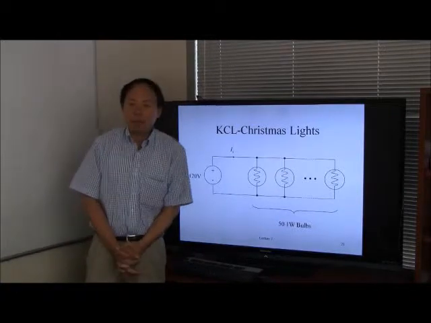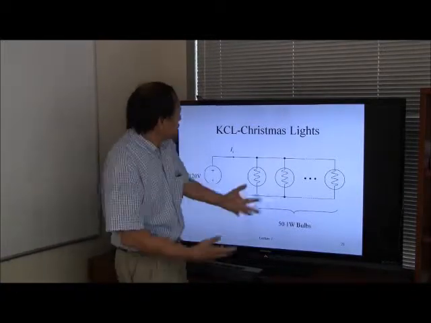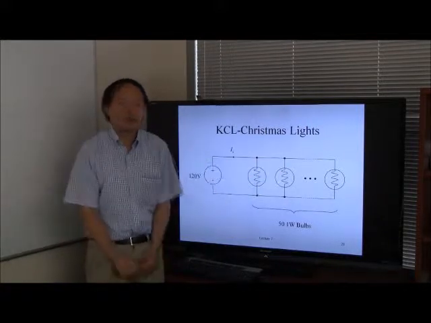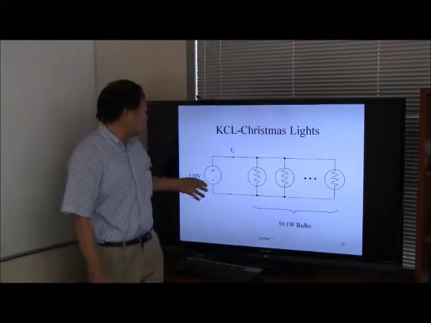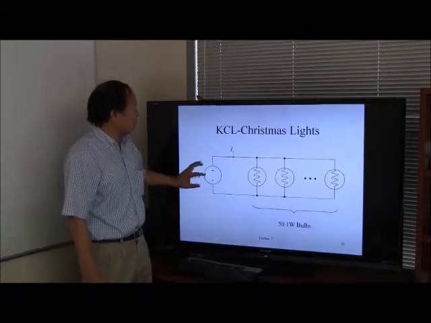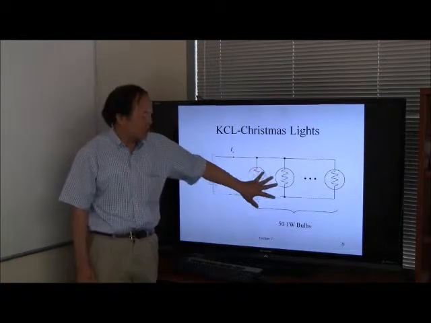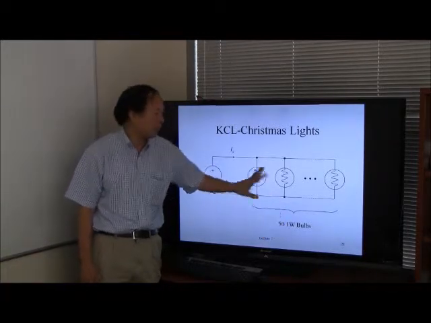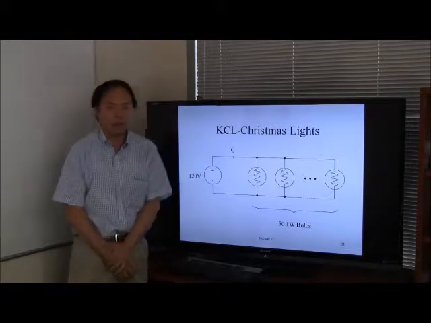And let me give you an example of Christmas lights, whereby you may have a string of Christmas lights and you connect it to a 120 volt power source on this side, and then you have all these 50 of the 1 watt light bulbs in parallel.